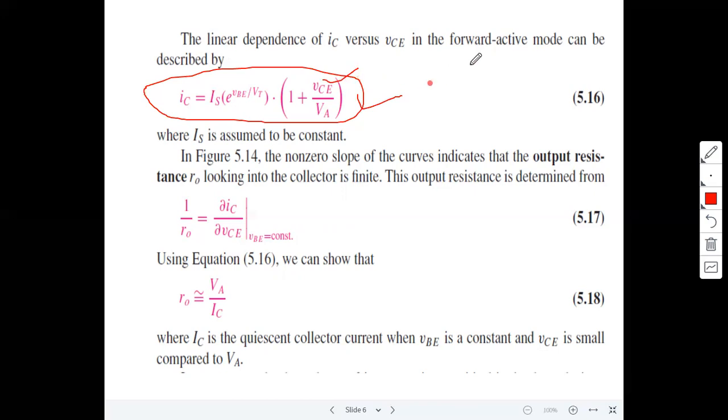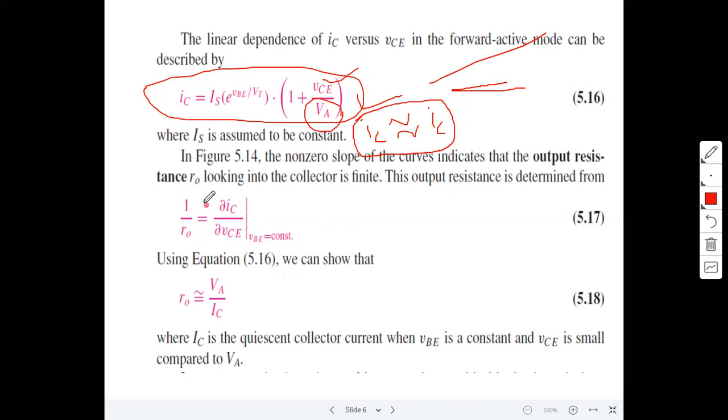Of course, not that much change, only a slight change with respect to VCE. Why? Because typically VA is very large, 20 to 30 volts, then VCE by 20 to 30 is small. It depends upon the VA value, of course. In some cases, collector current with early effect is approximately the same as without early effect, if VA is very large.